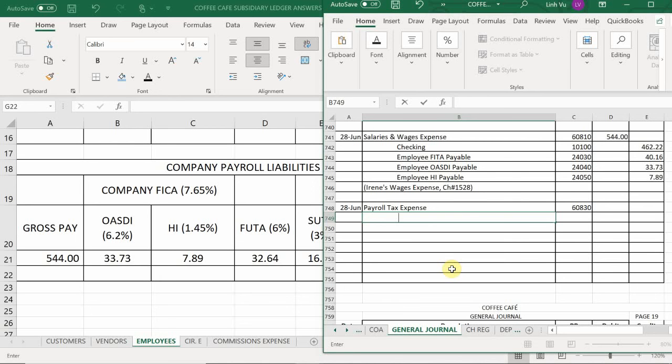Would it be the company FICA, the company FUTA, the company SUTA? That is correct.